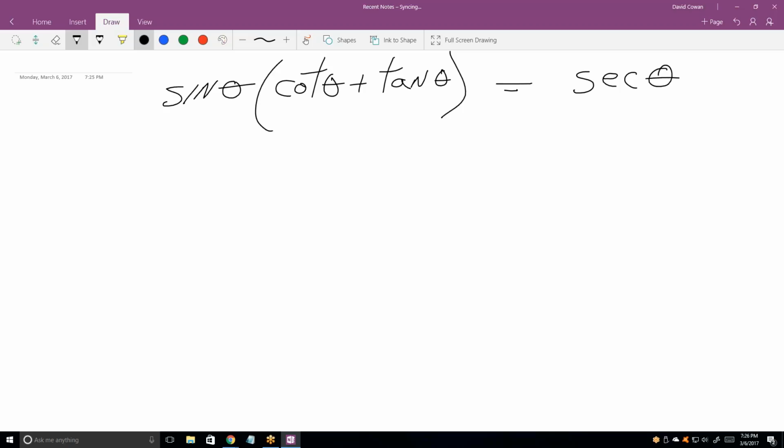What do you think we should do here as a first step? Write all of the functions as sine and cosine.